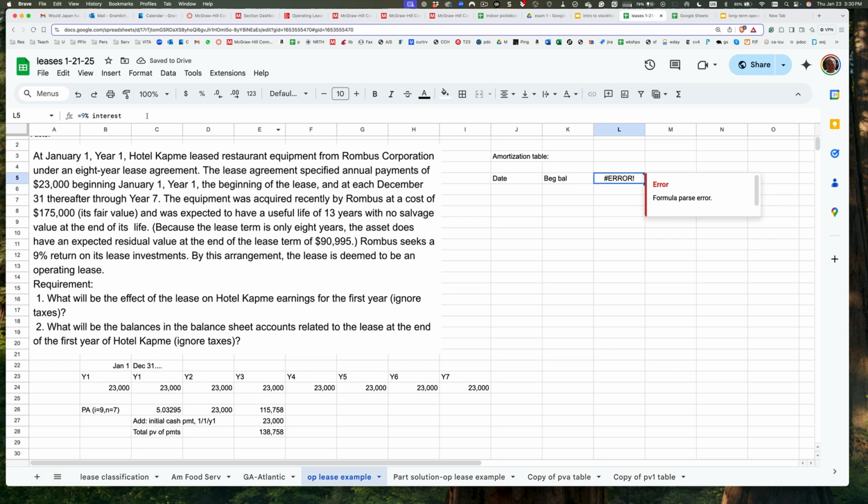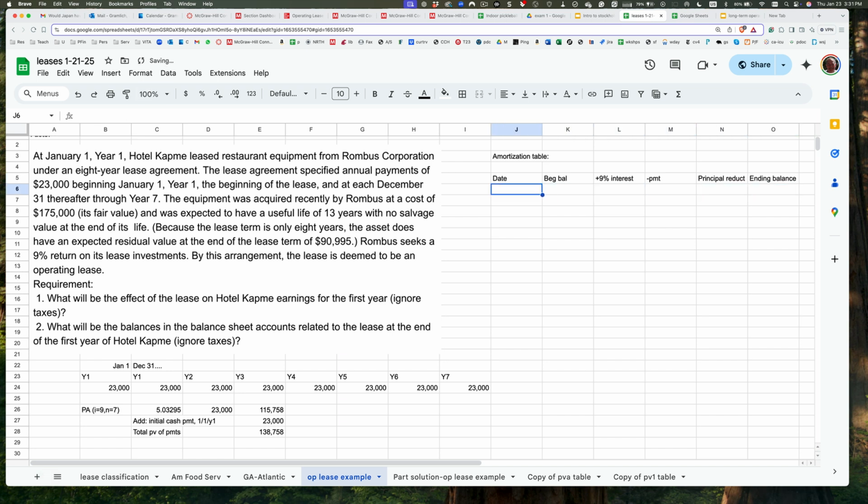Oh, we want that. Minus the payment is the principal reduction. And the ending balance.